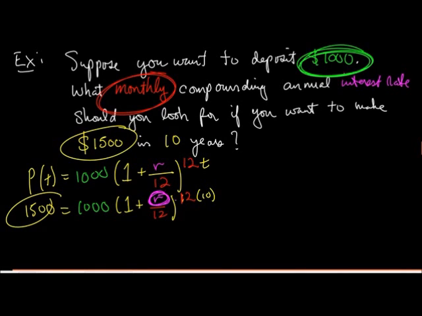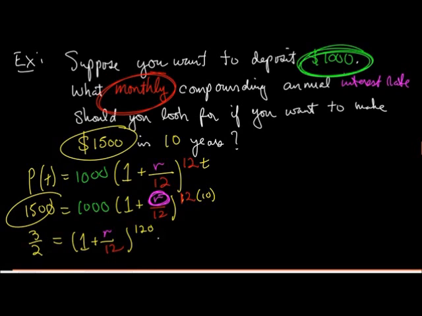It's not in the exponent anymore. So look what happens. It's a little tricky. We're still going to divide both sides by 1,000, and so we'll get 3 over 2, just like last time. And look here, we're going to get 1 plus r divided by 12 to the 120th power, right?